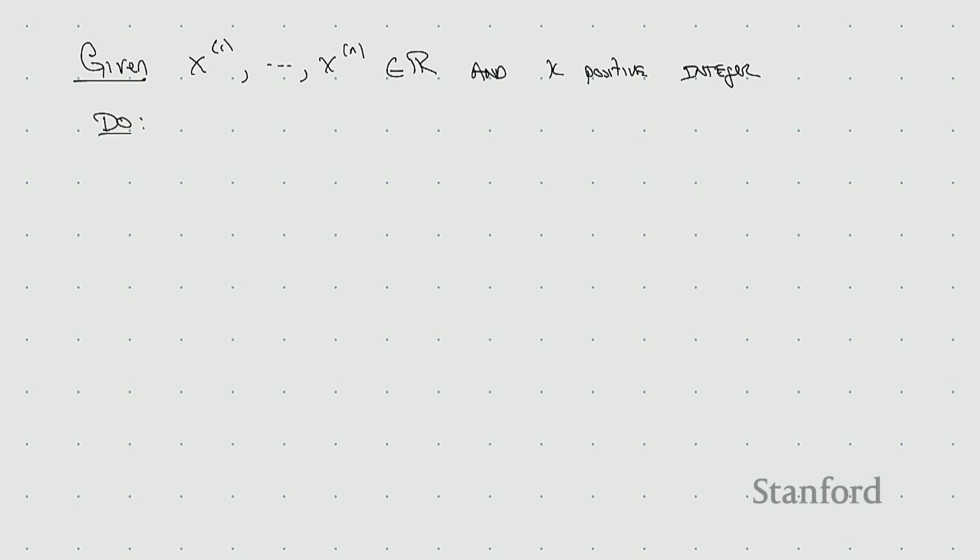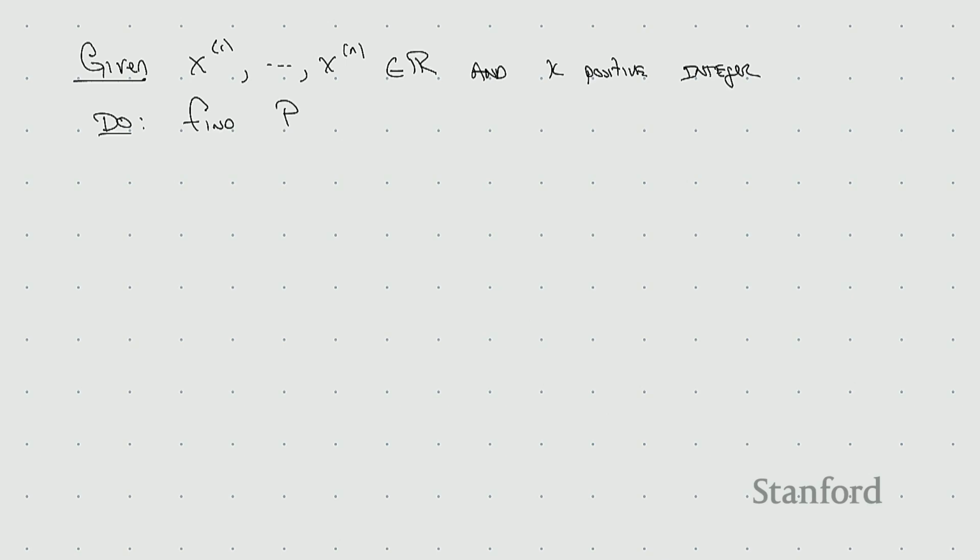Okay, so let me be a little bit more precise. We're given x1 through xn, elements of R, and a positive integer k, the number of sources. What we have to do is find that probability function.